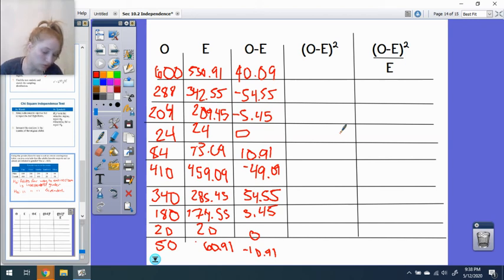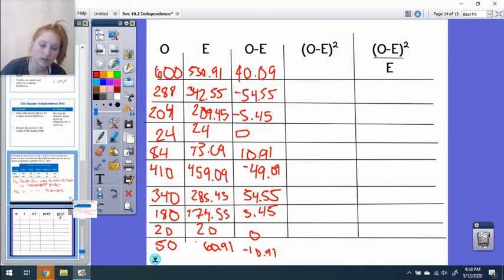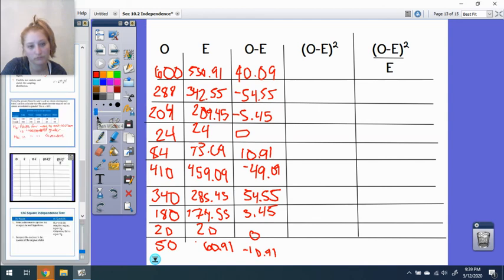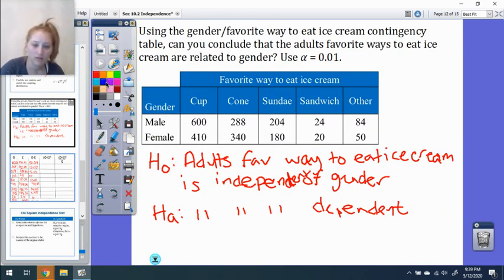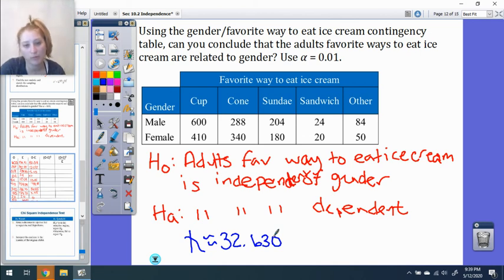Once you do that, you add everything up in this column, and when you do, you get your chi-squared standardized test statistic of about 32.630.